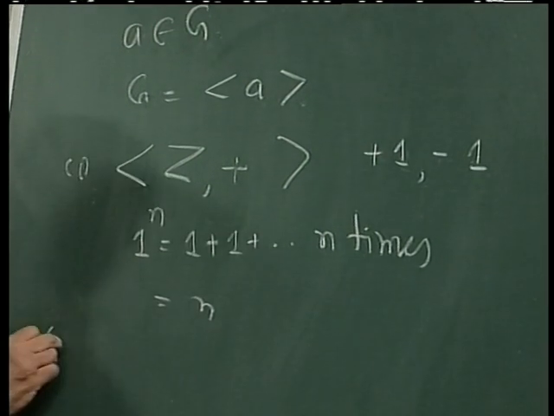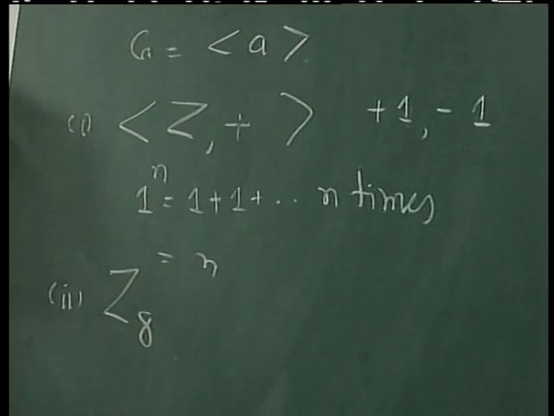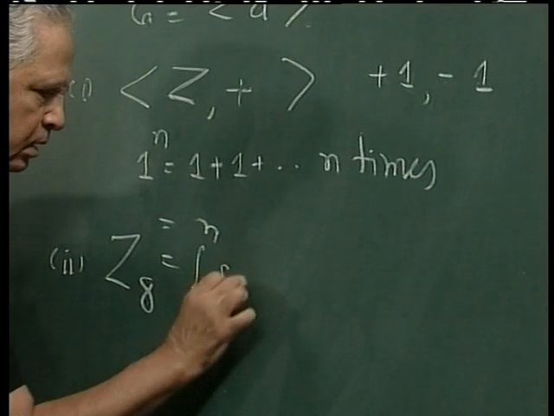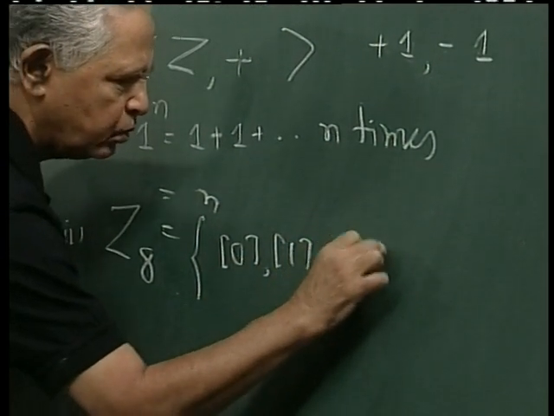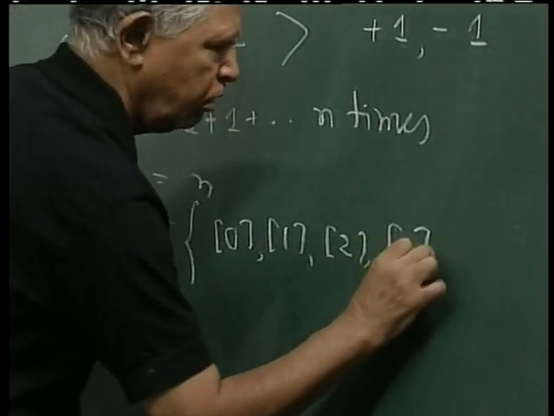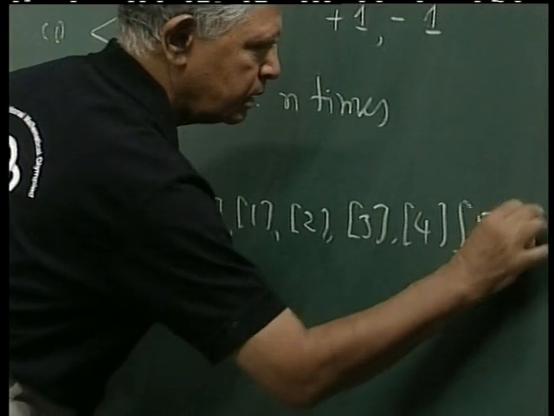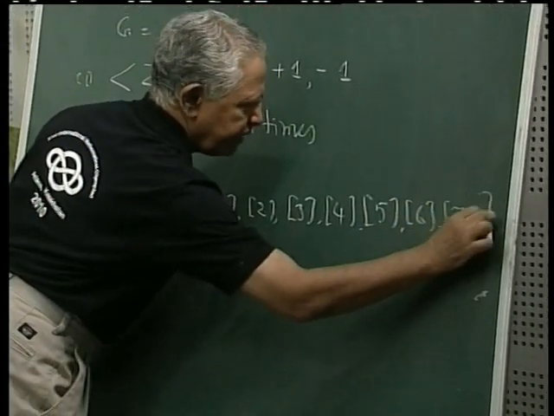The second example I am taking is this. Take the set of integers modulo 8 and let us write down the elements: equivalence class of 1, equivalence class of 2, equivalence class of 3, 4, 5, 6 and 7.